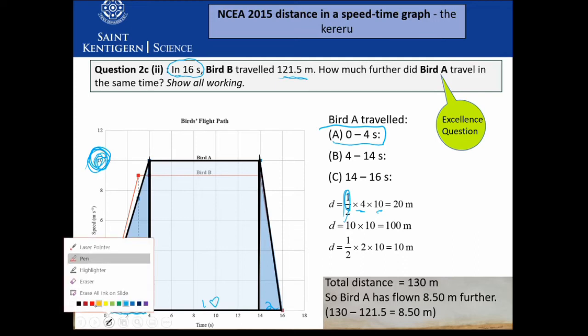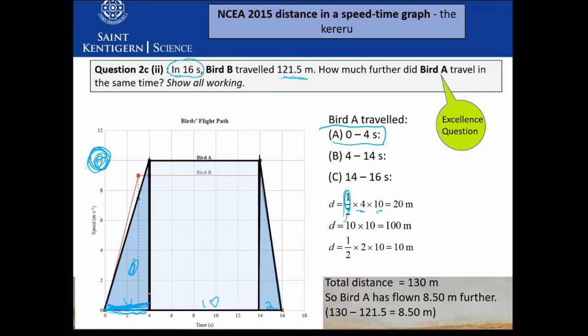So half times 4 times 10 is the same as half times 4 is 2, and 2 times 10 is 20. There you go, 20.